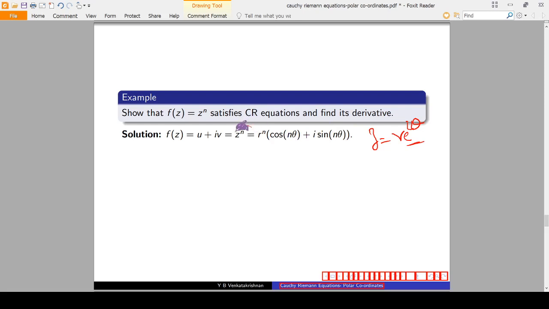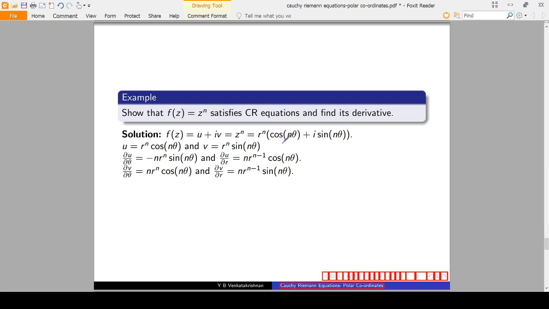Because I have z power n here, this z power n can be rewritten as r power n into (cos n theta plus i sin n theta). This you can obtain from De Moivre's theorem. I separate the real and imaginary parts: u will be r power n into cos n theta, and v will be r power n into sin n theta.